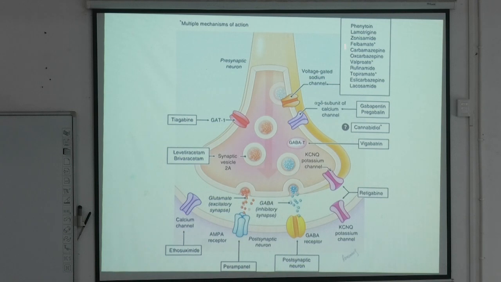So all these drugs are sodium channel inhibitors, they block voltage gated sodium channels. So if we ask the mechanism of action of topiramate, you remember this picture and you can write that topiramate is a voltage gated sodium channel inhibitor.